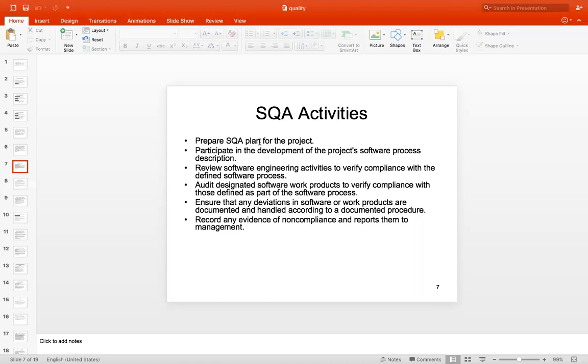The third step is to review the software engineering activities to verify compliance with the defined software process. I told you each and every phase has to be reviewed by the manager or the team leader. So how will he review your work? Your work will be reviewed by comparing it with the requirements given by the client.